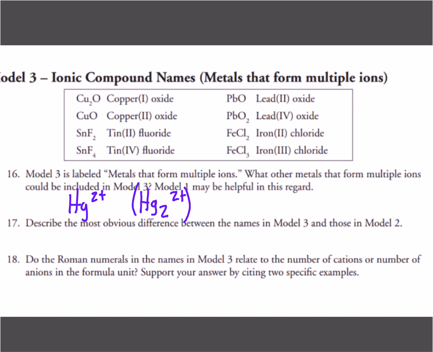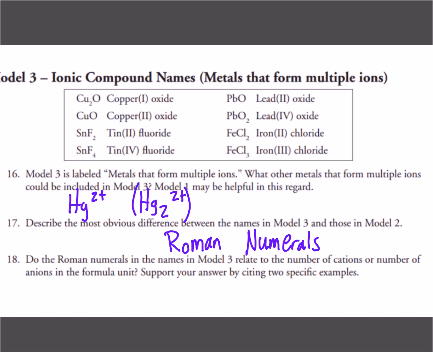All right, describe the most obvious difference between the names in Model 3 and those in Model 2, guys. What's the difference between the 2 sets of names? Roman numerals. All right, the Roman numerals. Do the Roman numerals in the names in Model 3 relate to the number of cations or number of anions in the formula unit? What do you think? What do we think?